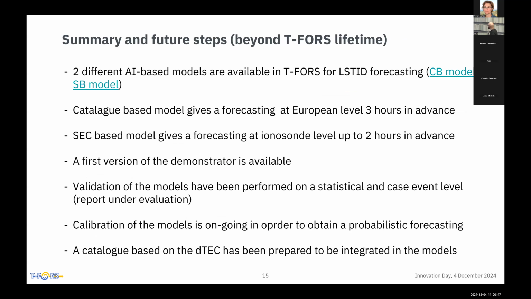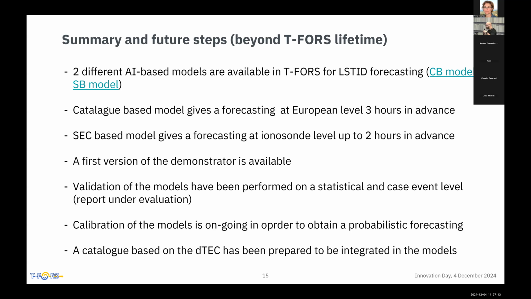So, summary and future steps. We developed, as you have seen, two different AI-based models for large-scale TID forecasting: the catalog-based model and the SEC-based model. One of the models gives you one single forecast for all the European region, while the other one gives you a forecast based on single ionosondes.